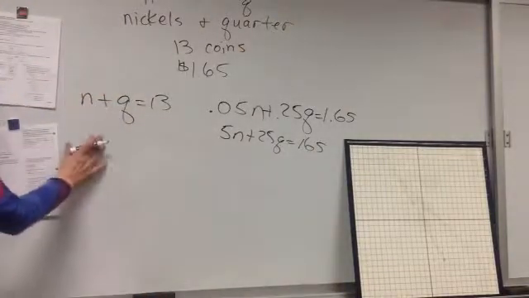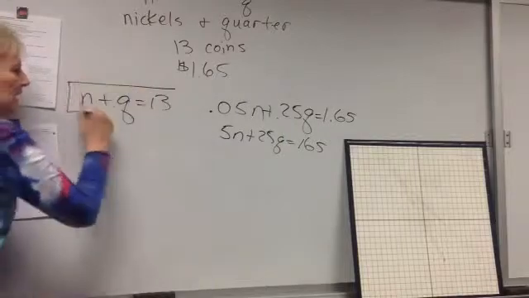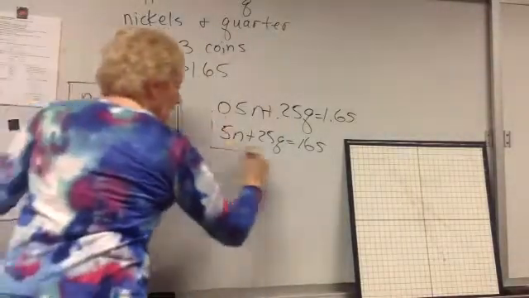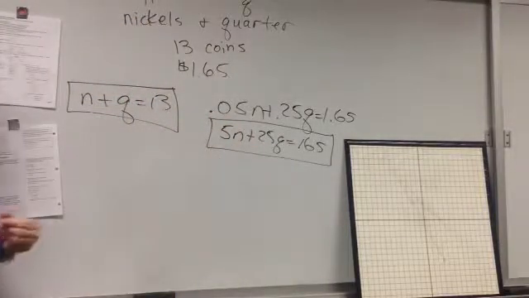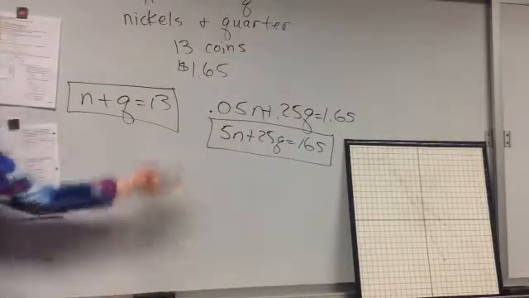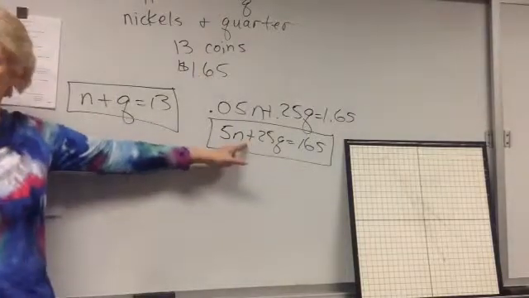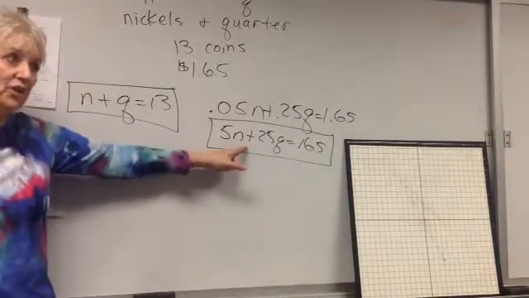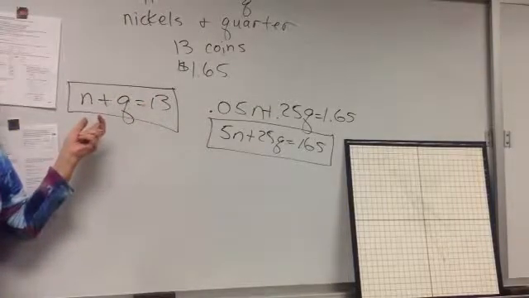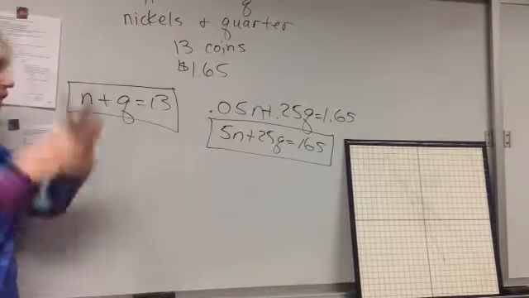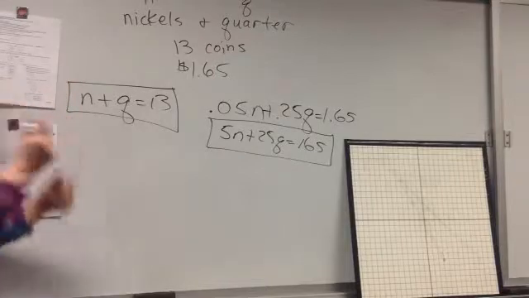Okay, so we have this equation and we have this equation. We're going to use substitution. I suggest instead of solving this mess for N or Q, you take this one and solve for N or Q. Doesn't matter which one. Let's solve for Q. Random.